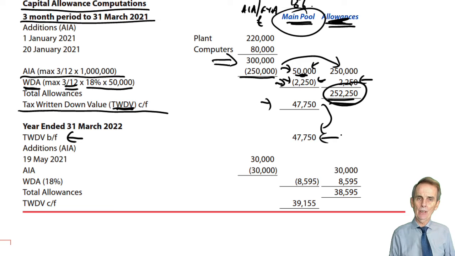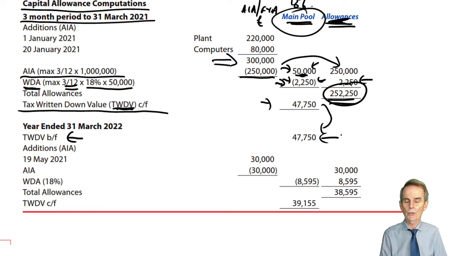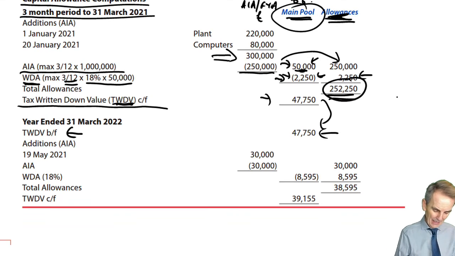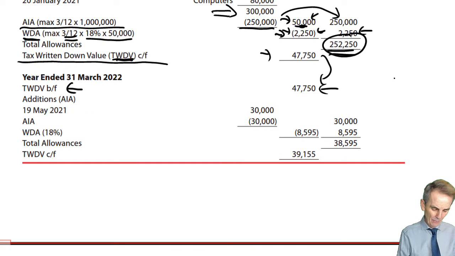So any tax written down values brought forward have to be given to you in the question. We're looking at the main pool, quite obviously, the special rate pool, possibly, and then some of those individual assets that for whatever reason at this point are not able to be pooled, and are separated out. If there is one, you'll be told what it is. More of that later.